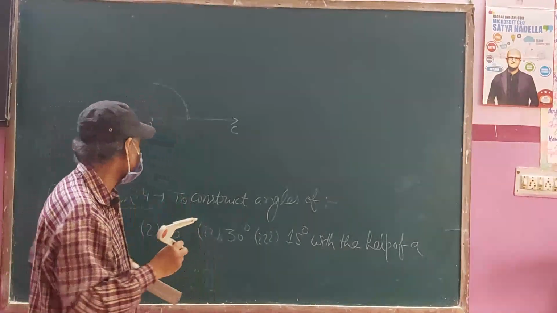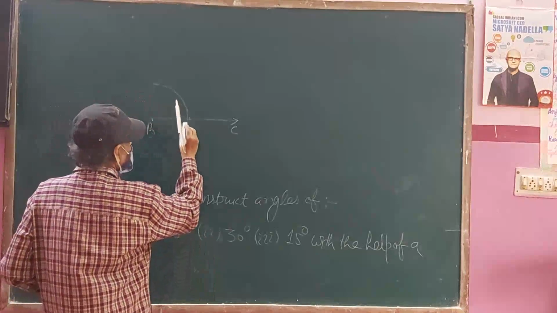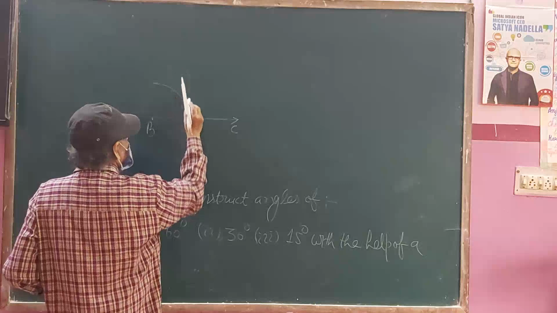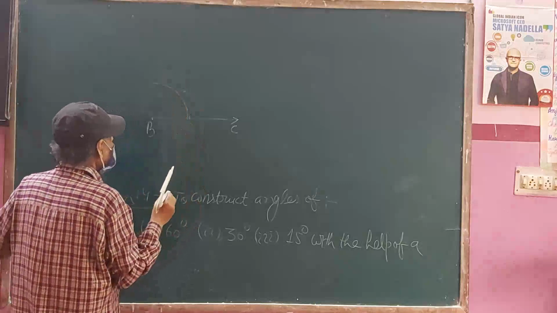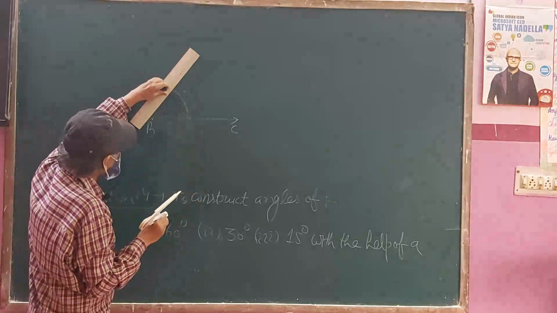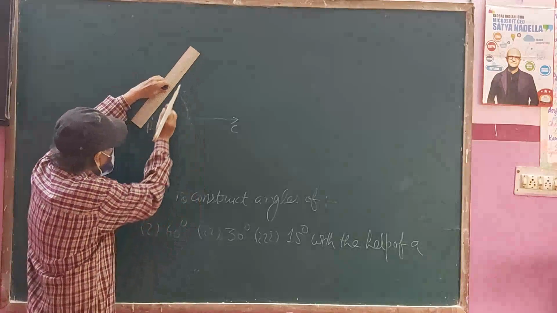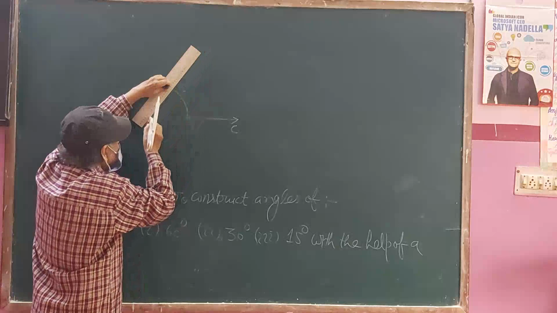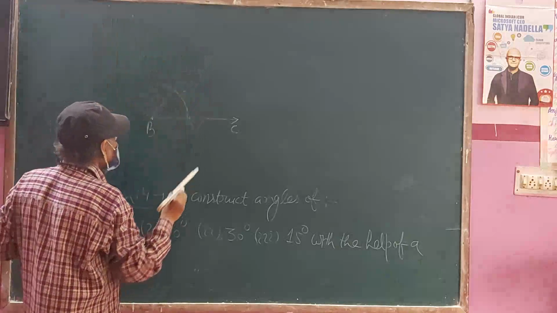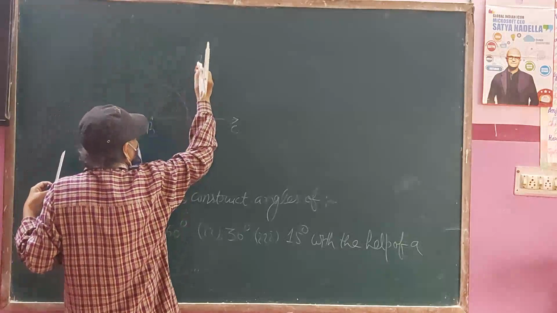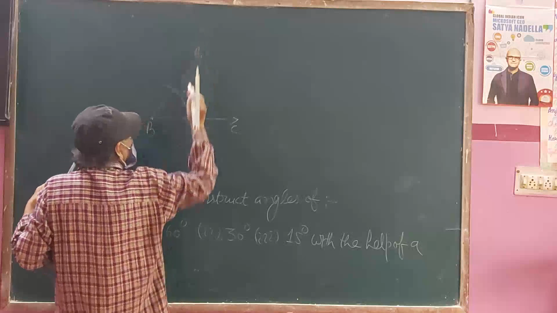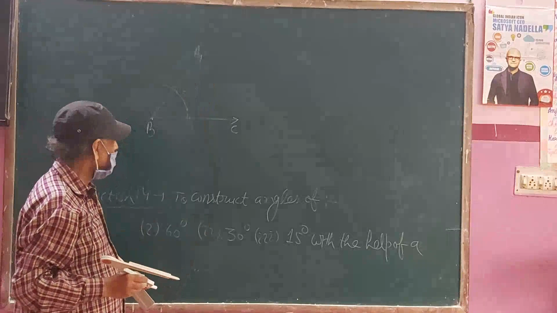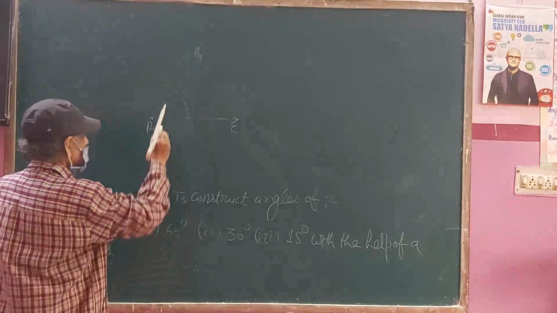This is your D. This is your F. D and F. Join B and F. You can mark here A. In this way you can make an angle of 60 degree.